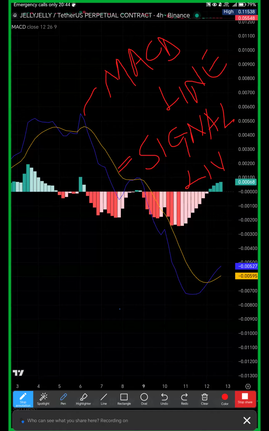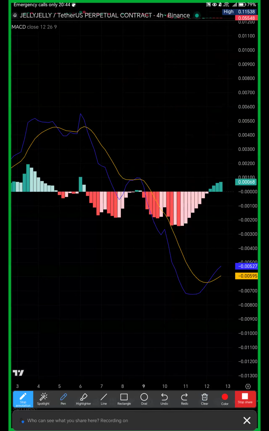So in most cases, you will find that these two lines will be crossing each other, especially the blue line, which is the one that normally does the crossing. It will cross the orange line and go above it. Sometimes it will cross the orange line and come below it. Are you following, guys?